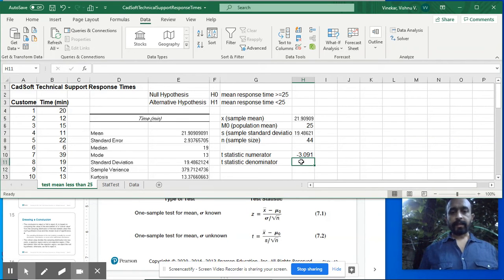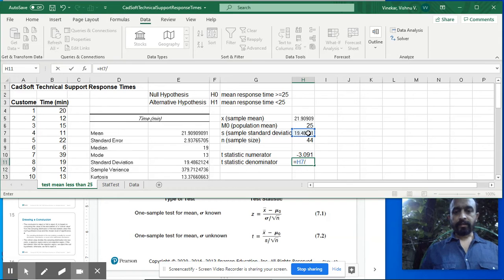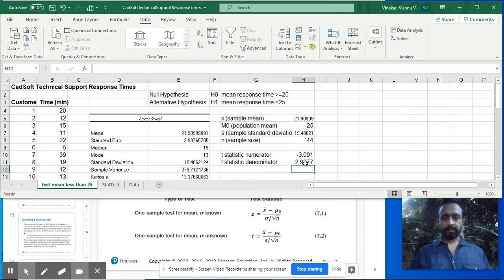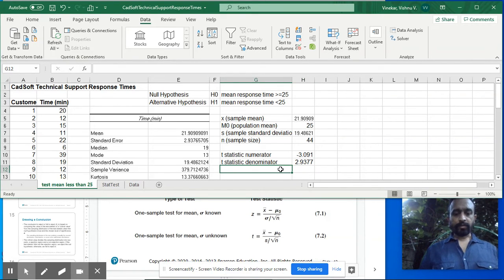Let's calculate the denominator. This is the standard deviation divided by the square root of the sample size, which gives us 2.9. So now the t-statistic is the numerator divided by the denominator.